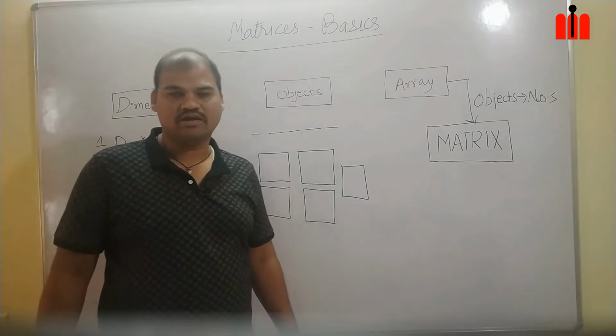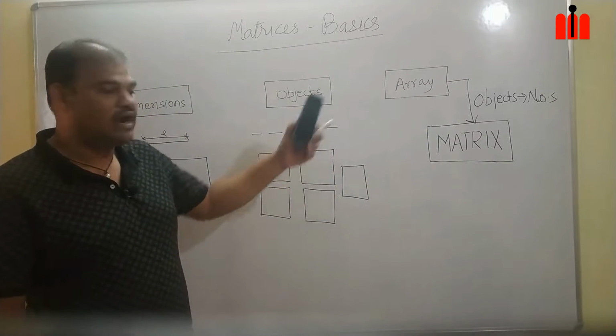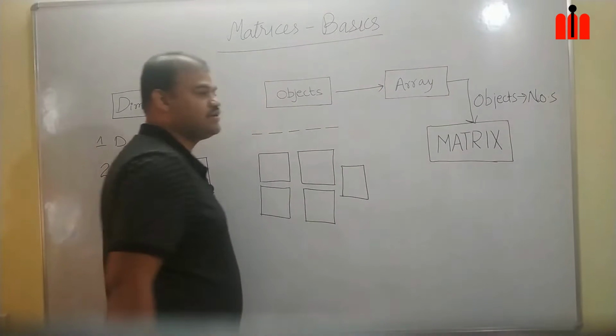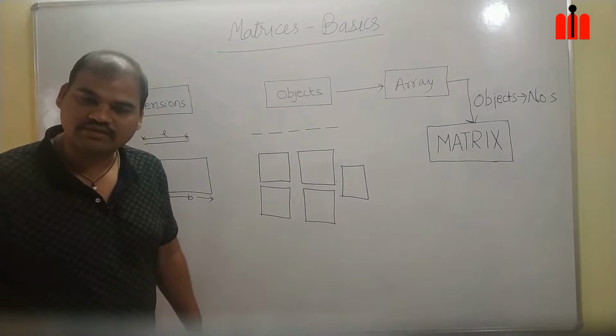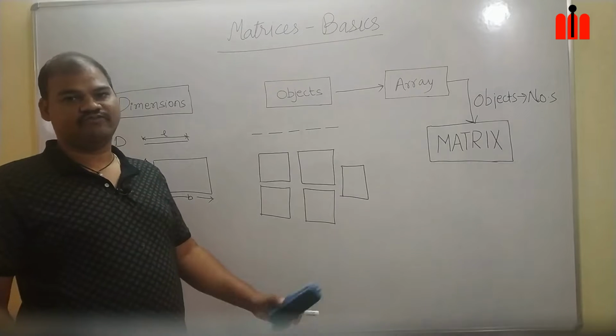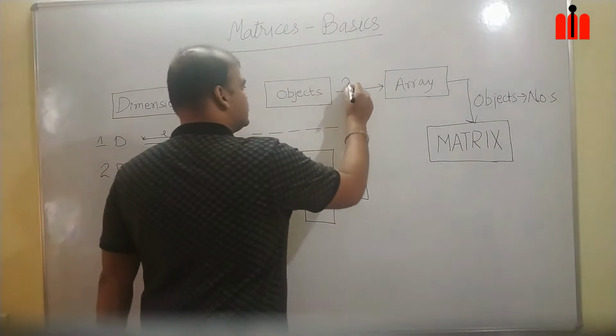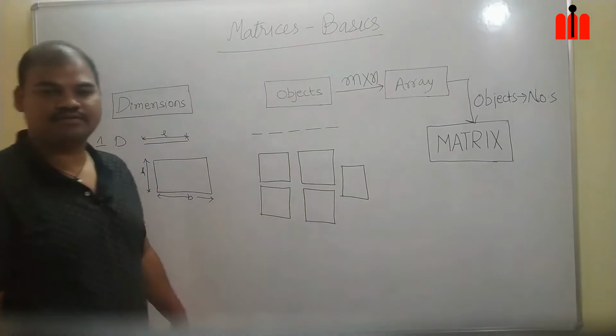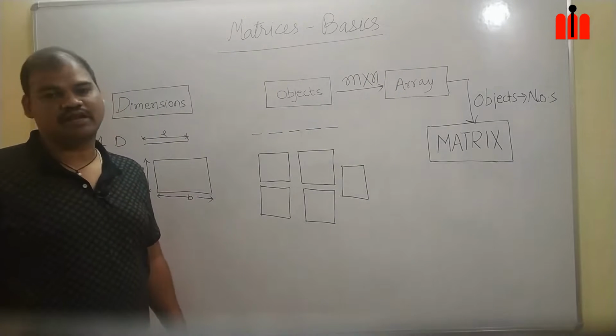An array has objects organized in an elegant fashion such that m cross n will give the number of objects.